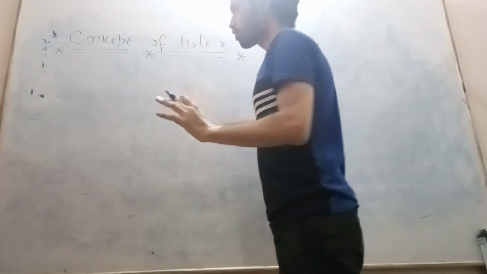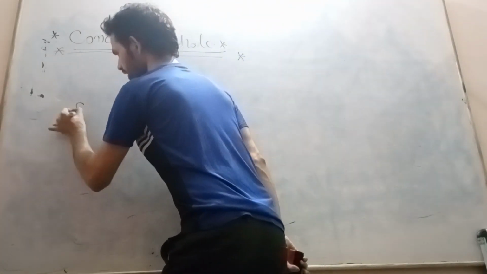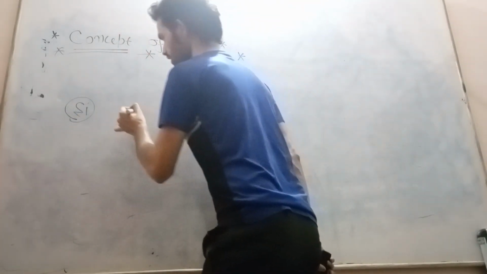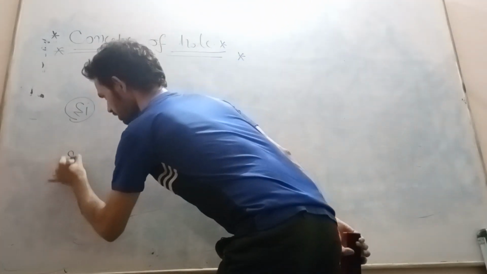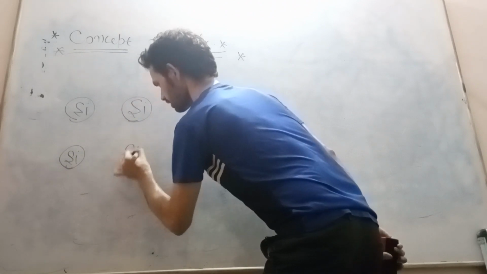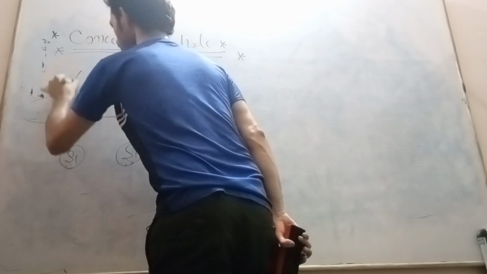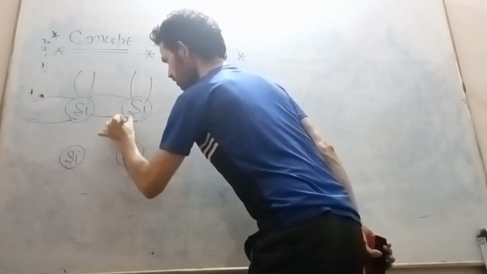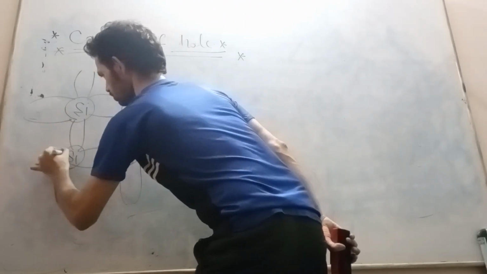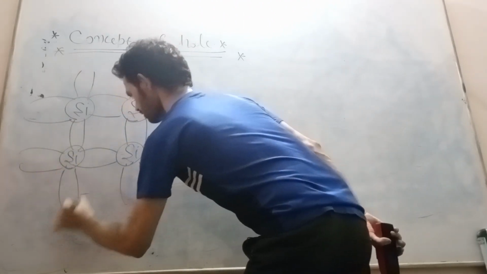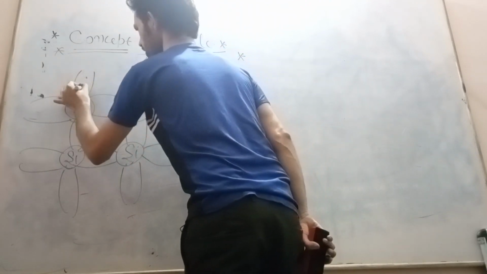When we see the silicon crystal at 0 degree Kelvin, let us say I am taking 4 silicon atoms for our convenience. This is my silicon atom, and these silicon atoms are surrounded by valence electrons. How many valence electrons? 8 valence electrons. Each silicon atom is surrounded by valence electrons.